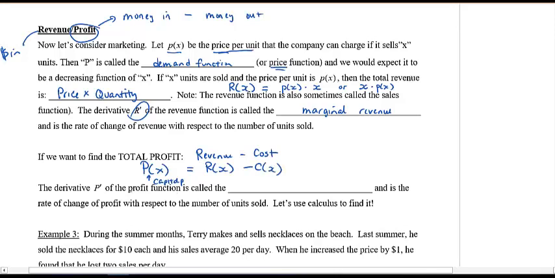And then, of course, if I have capital P prime, we will represent this as the marginal profit. And that, of course, is the rate of change of profit with respect to the number of units sold. So let's use some calculus now and apply it.